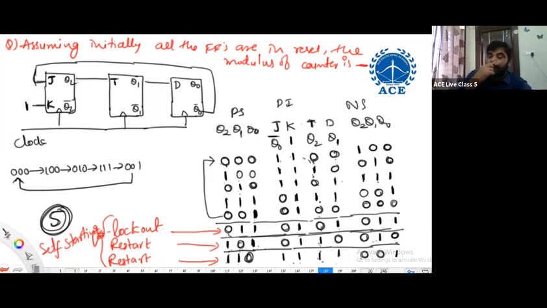If it is coming back to used state, may not be in one cycle, in 1 or 2 or 3 clock cycles, then it is called restarting the counter. And from each and every unused state, if you are observing there is a restart, then we say that counter is having self-starting. Even though it is entering into unused state, it is coming back to used states. It is going through used states only. That is called self-starting.